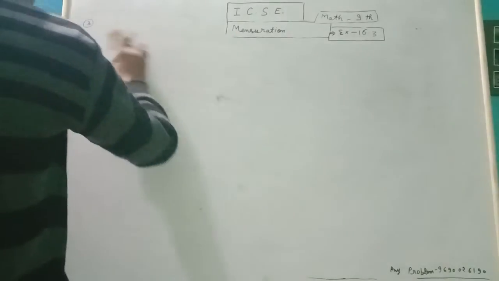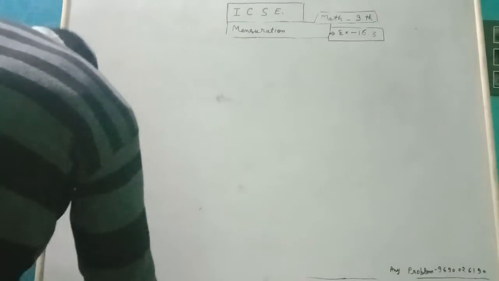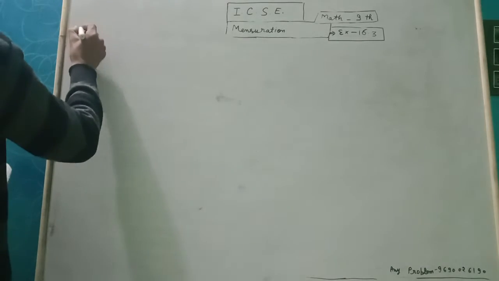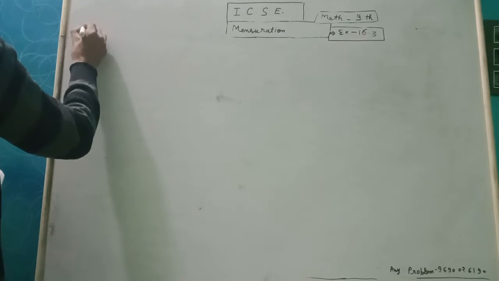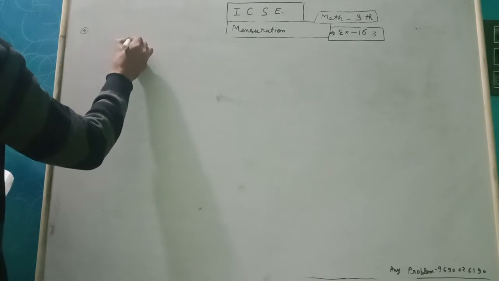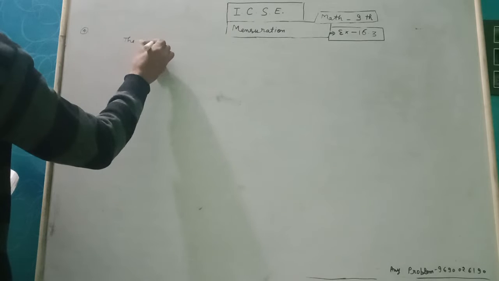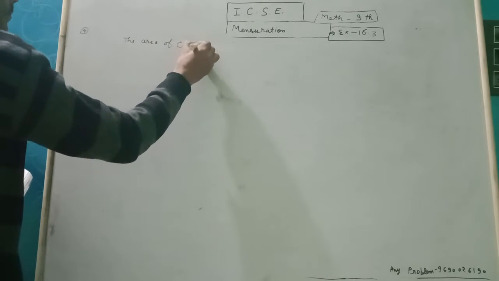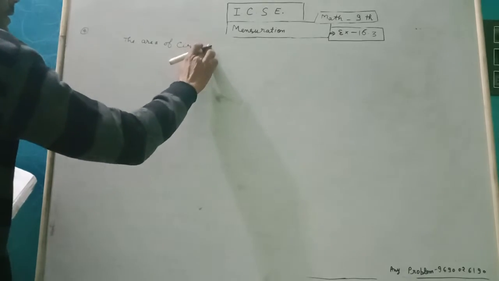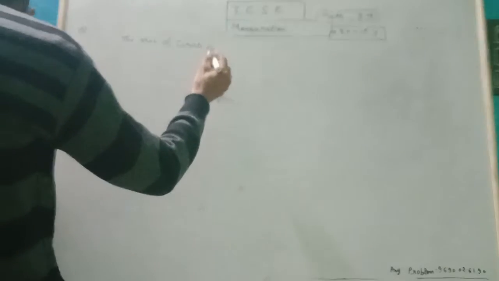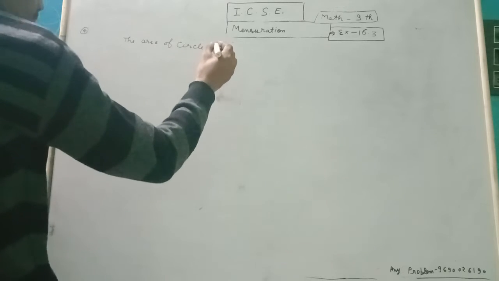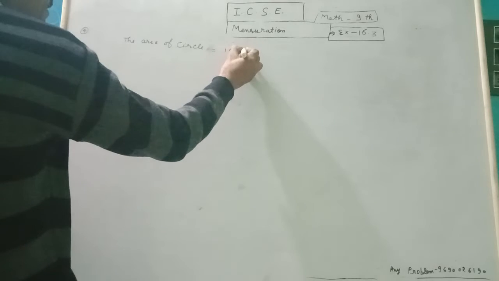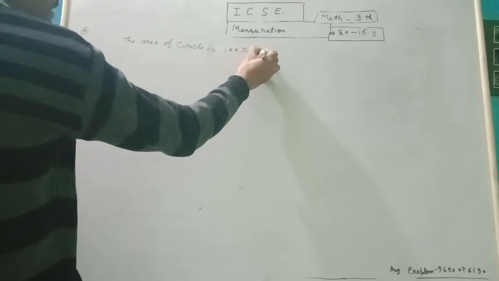Question number 4 is: area of circle is given, find the radius and circumference. Area of circle is equal to 144 pi cm square.